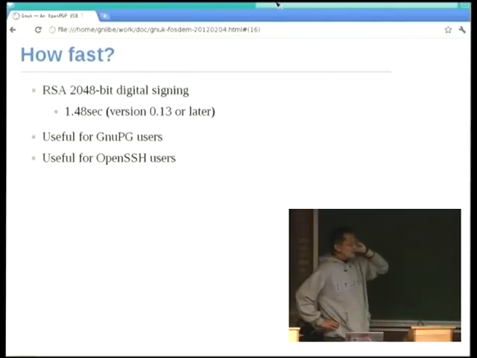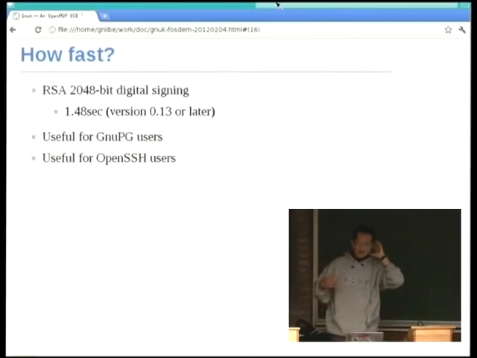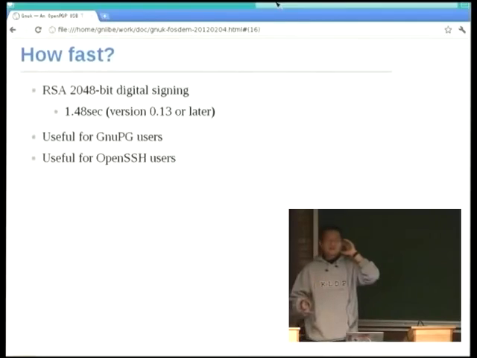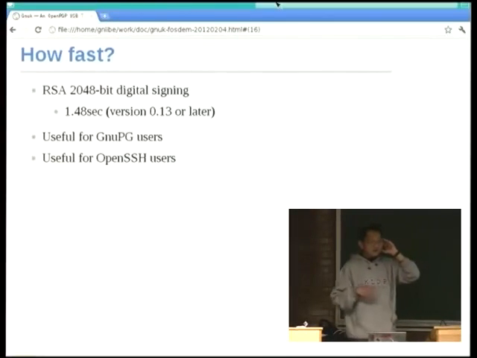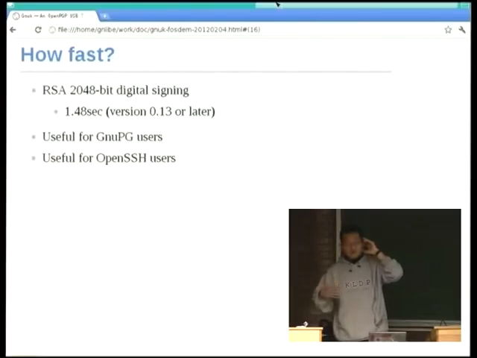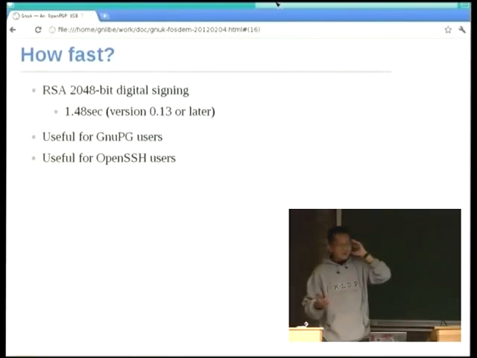As I am a Debian developer, I sign my packages, or I use Gnuk for OpenSSH authentication when I log into a server, or when I push my code to another Git repository. It takes 1.48 seconds to authenticate.